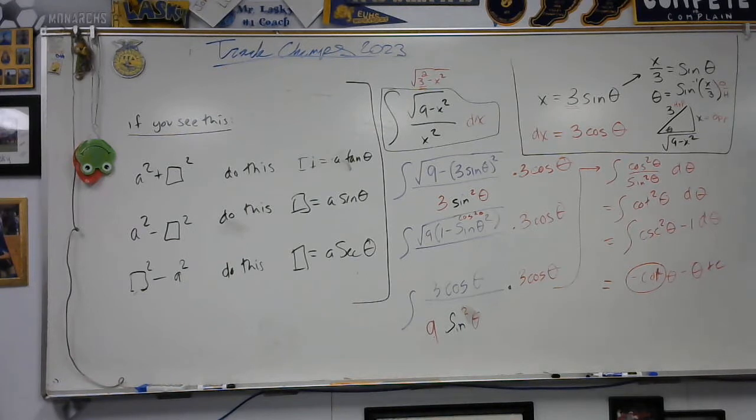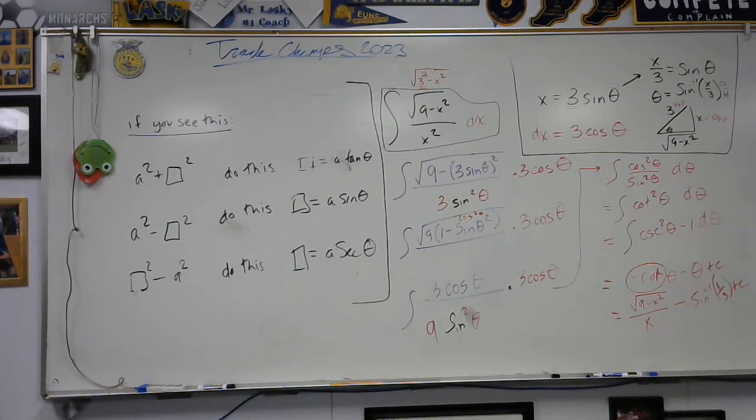Cotangent is adjacent over opposite, so that's going to be the square root of 9 minus x squared over x. And then what is theta? Theta is the inverse sine of x over 3, plus c.